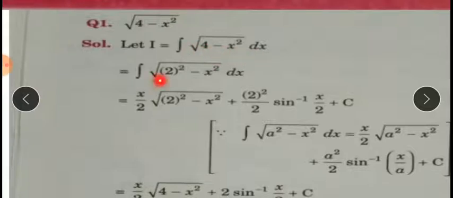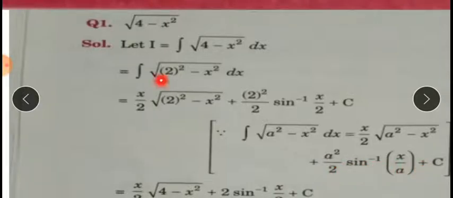We can write 4 as 2 square and x square as x square, so it is in the form of integration square root a square minus x square. Use this formula: x by 2 root a square minus x square plus a square by 2 sin inverse x upon a plus c.